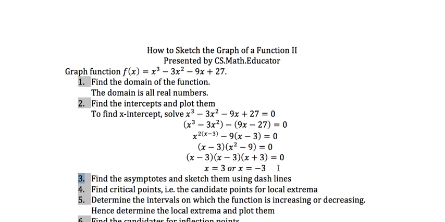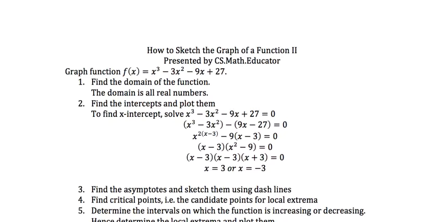Now, from here, we can conclude that the graph will pass through two points. One point is (-3, 0), and another point is (3, 0).